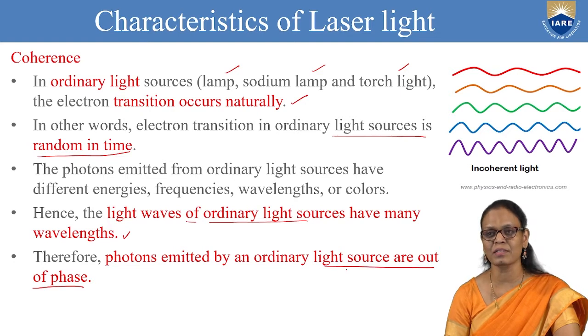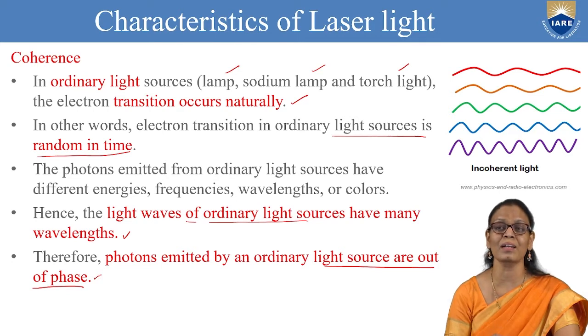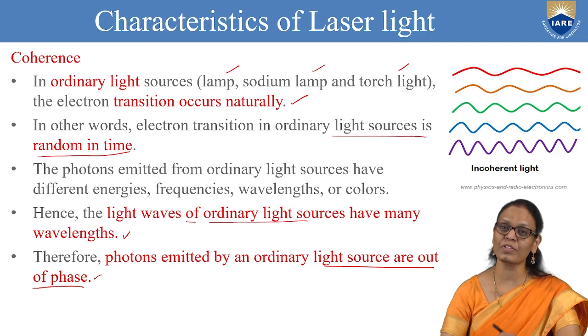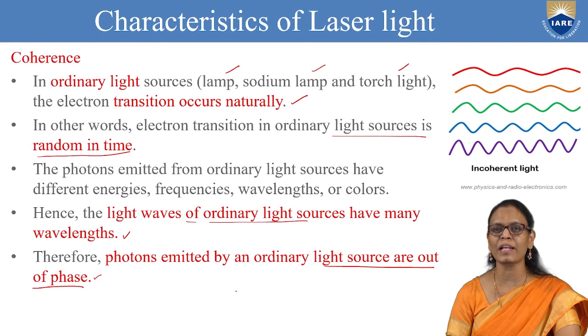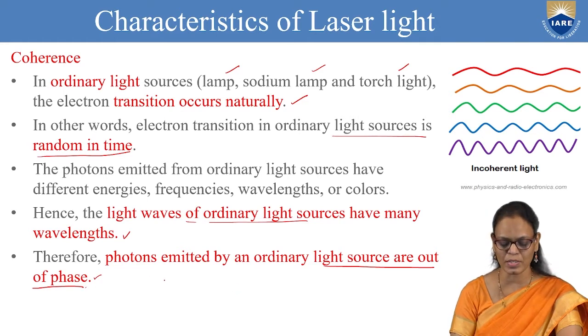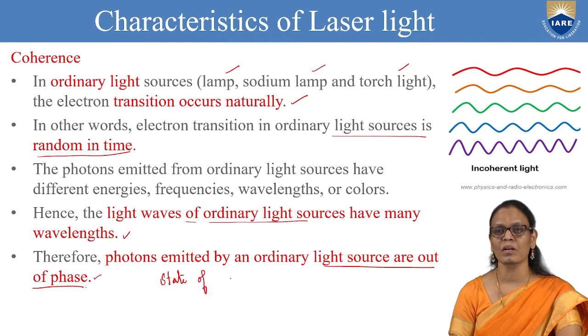So coherence is always related to phase. If the emitted photons are in phase, then we say they are coherent. But if they are out of phase, then they are not coherent. What is phase here? Phase talks about the state of vibration.